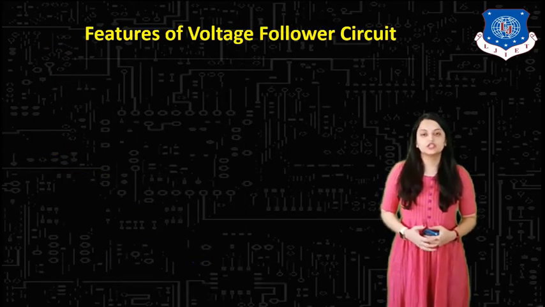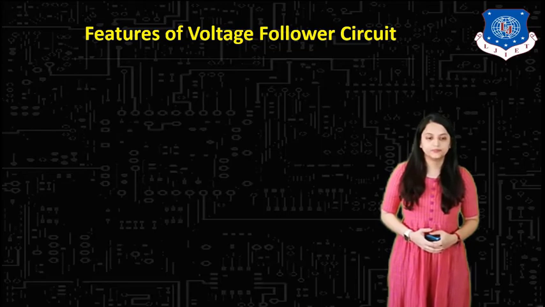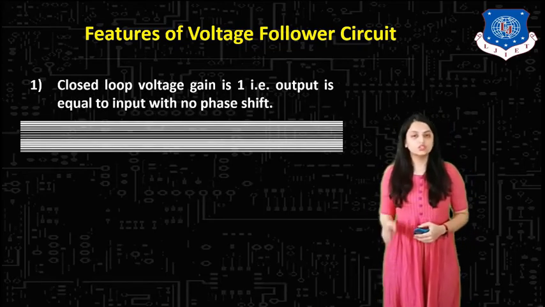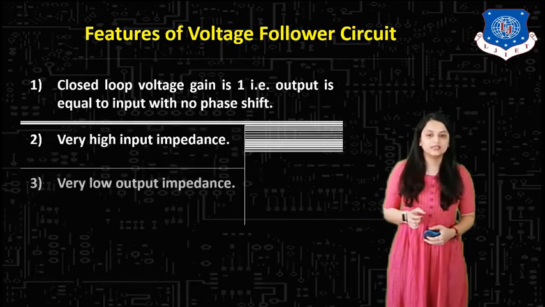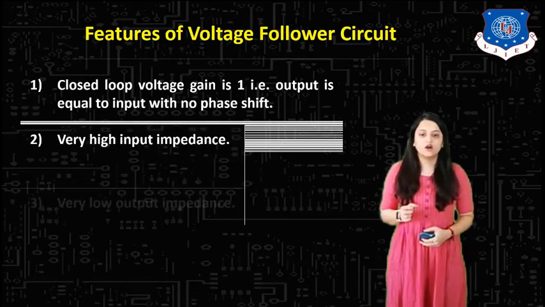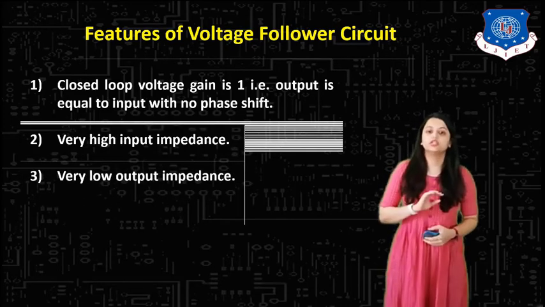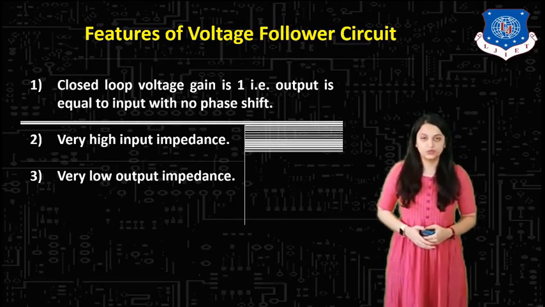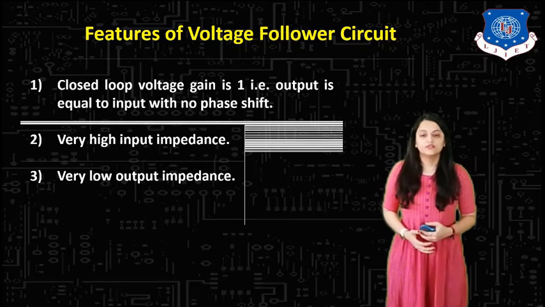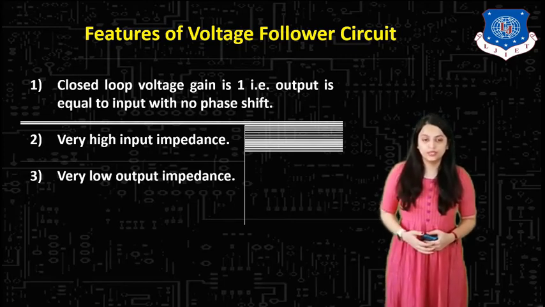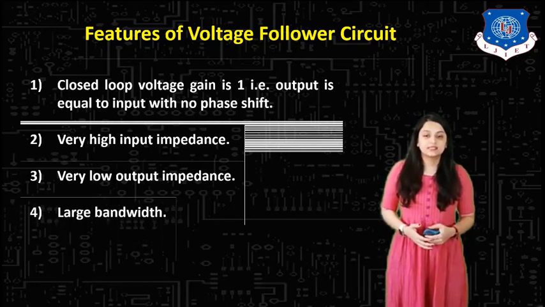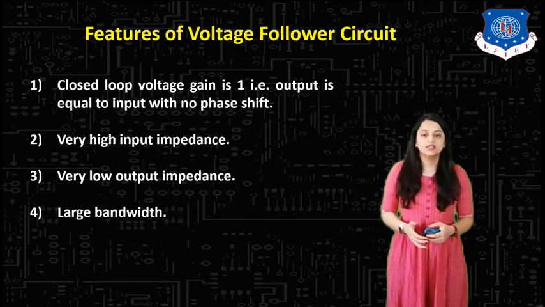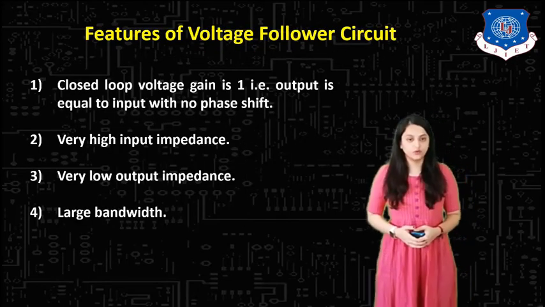Let us see the features of the voltage follower circuit. The first feature is that the closed loop voltage gain is 1, that is, output equals input with no phase shift. Second, it has very high input impedance. Third, it has very low output impedance. Next, it has large bandwidth. So these are the basic 4 features of the voltage follower circuit.